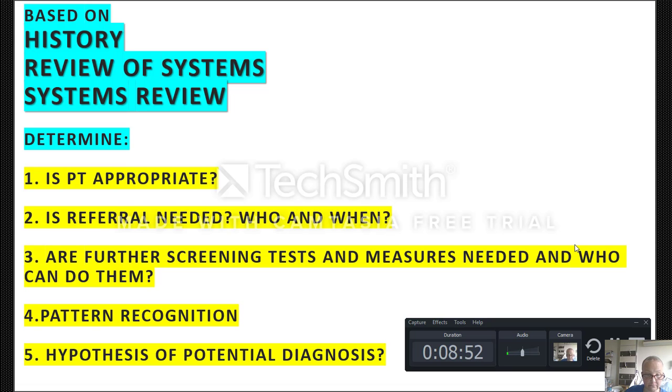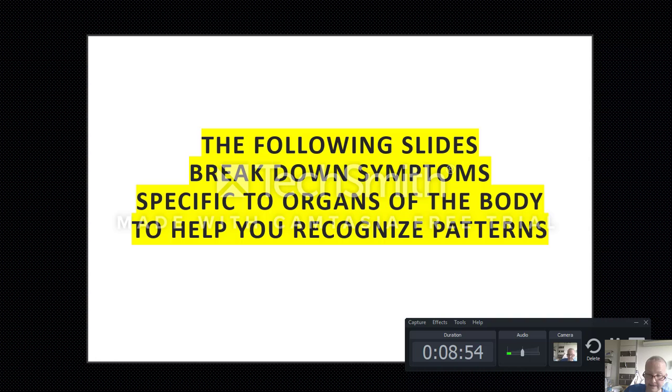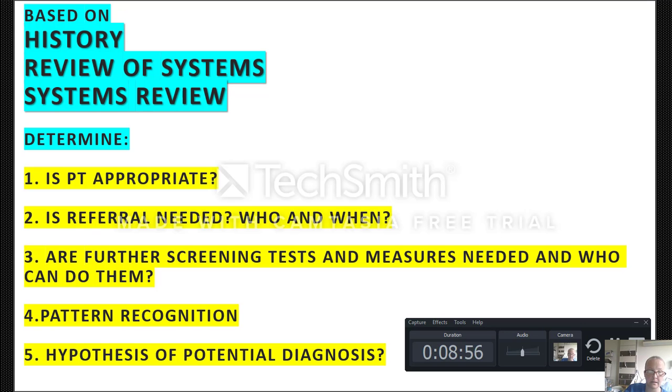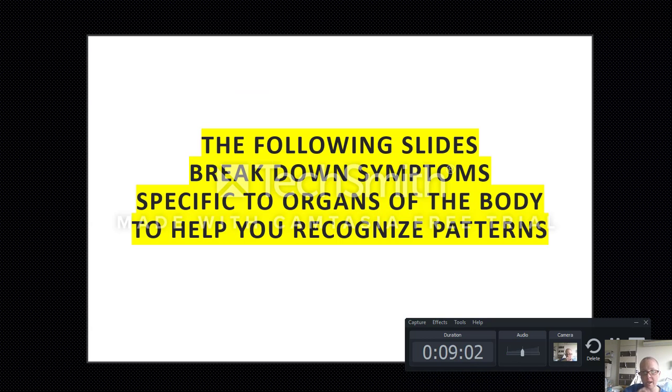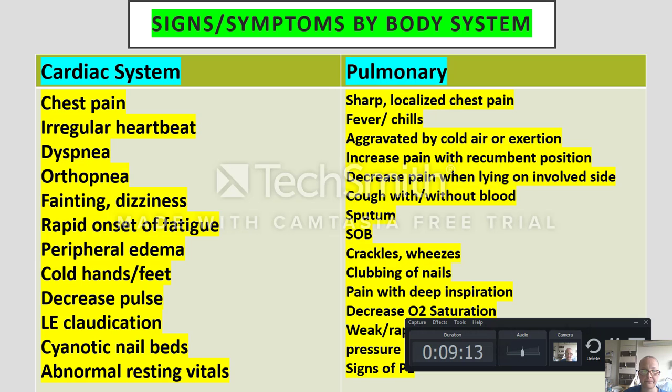Pattern recognition, and then a hypothesis of a potential diagnosis. The following slides break down symptoms specific to the organs of the body to help you recognize patterns. Signs and symptoms of the body.